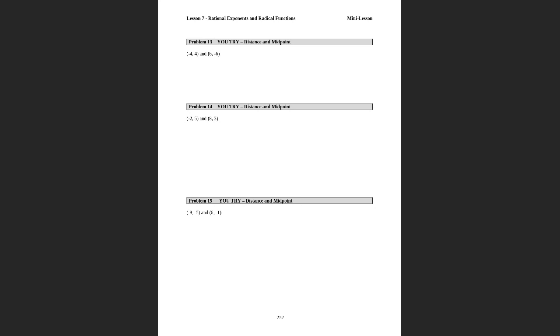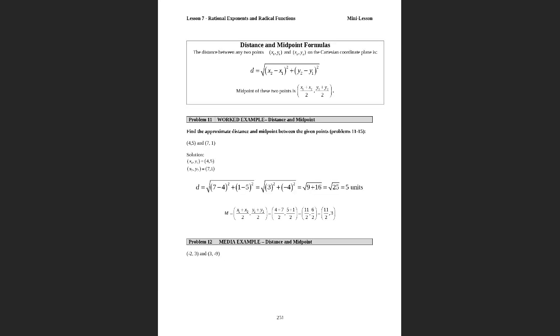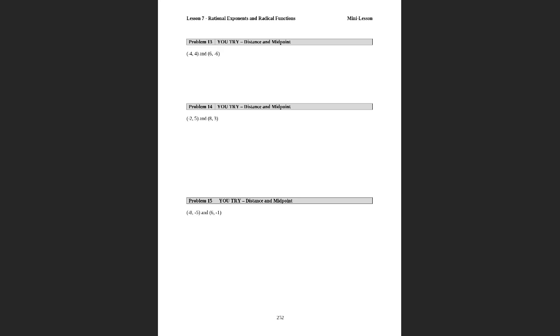All right, so let's look at it. Problem 12 is a media example, so we are not going to do it. Now with this, let's say that my 6 here is x2 and then -6 is y2. So this becomes x1, this becomes y1.